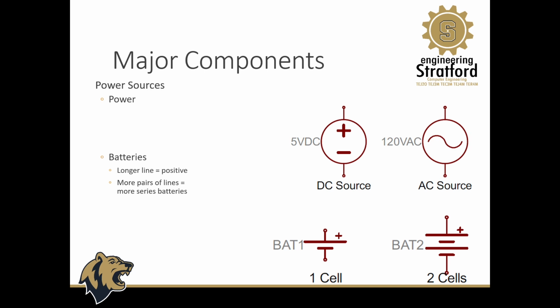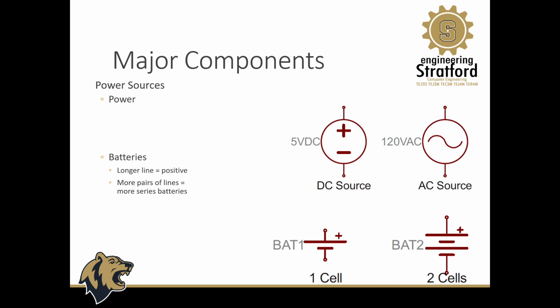Down at the bottom, we've got a couple of different battery schematic symbols, and you'll notice that there's a pair of lines for each battery cell. Bottom left, we've got a single cell battery. Bottom right, we've got a double cell battery pack. If you had four 1.5 volt AA batteries, then you'd have four sets of lines there.